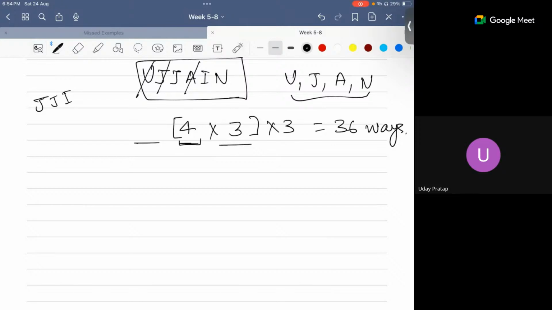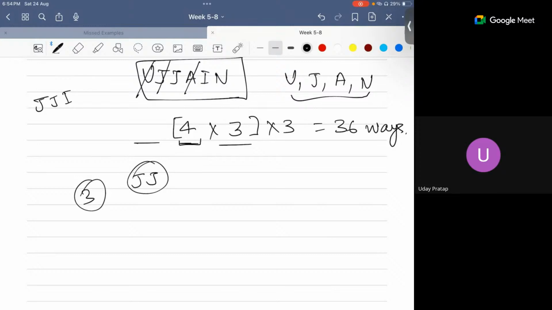Correct, you're correct, but I guess the question is not clearly written. If it had been given that repetition of word is not allowed, that would mean you can't consider JJ. But whatever you have said is correct. So that's why the answer is given as 39. The third case they have taken is when you are considering both J's.